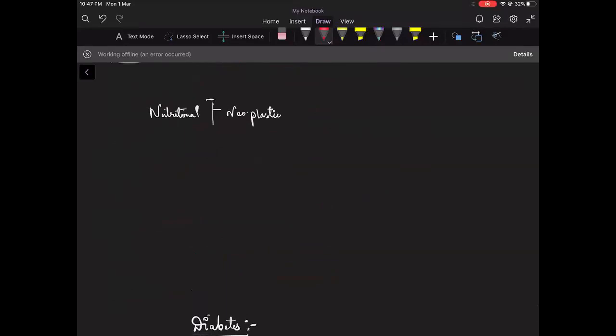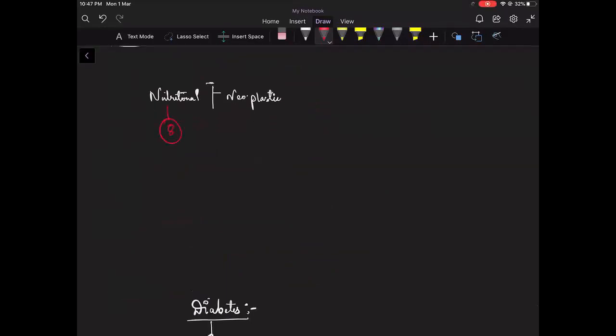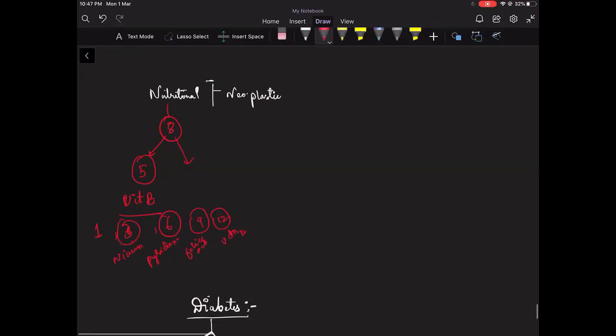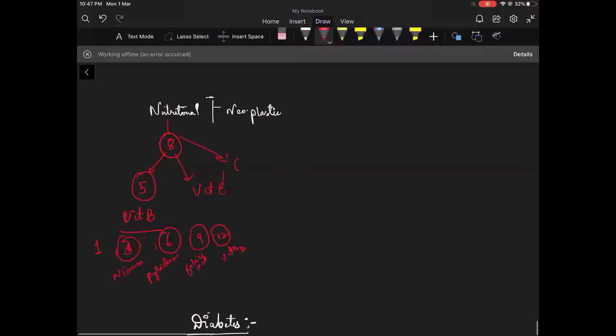Next is nutritional and diabetic. Under nutritional, there are 8 causes. 5 are vitamin B types, that is B1, B3 niacin, B6 pyridoxine, B9 folic acid, B12 vitamin B12, and others include vitamin E, copper, and association with gastric surgery.